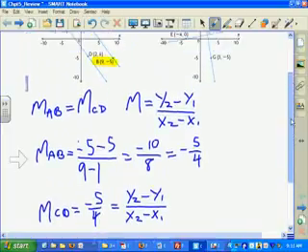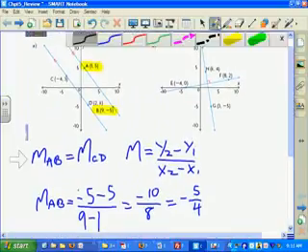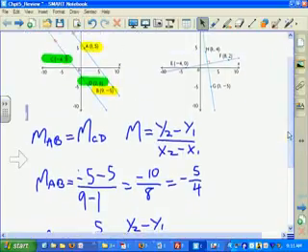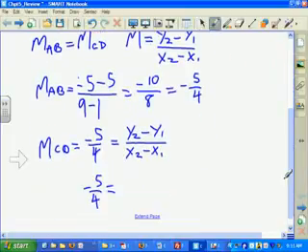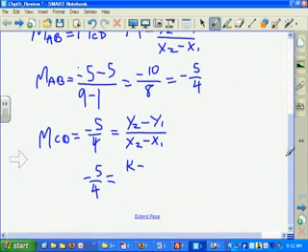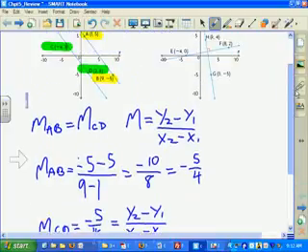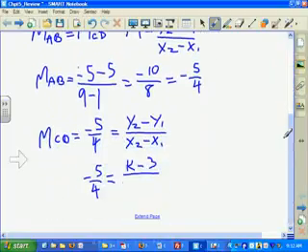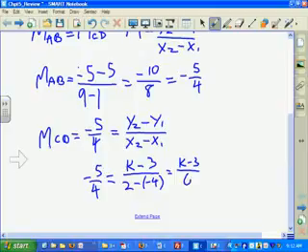All right, let's take some points here. C, D. So we have our y2 in our CD line is K, minus 3, and it's 2 minus negative 4, so that equals 2 plus 4, or positive, K minus 3 over 6.